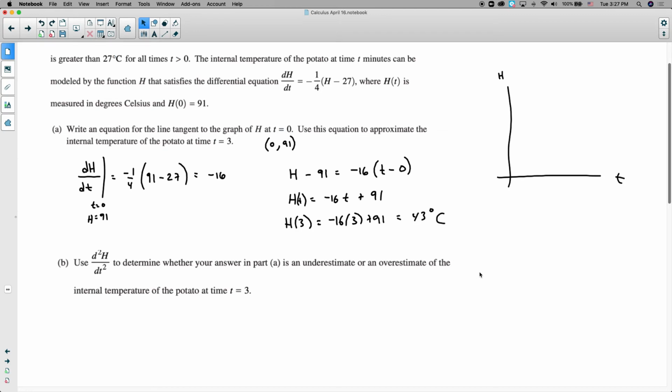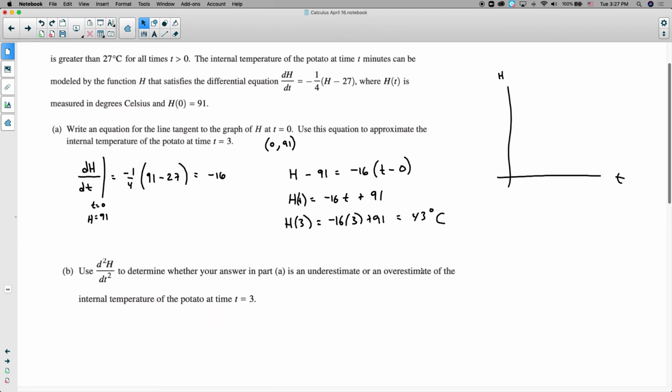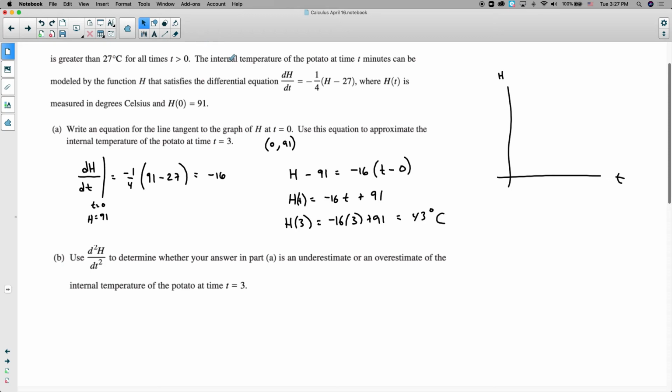So if it's a scenario where it turns out to be concave up, let's get that scenario going. If it was concave up, then our 0, 91 would be somewhere over on this side, so that the tangent line was negative, because we see that as negative 16.